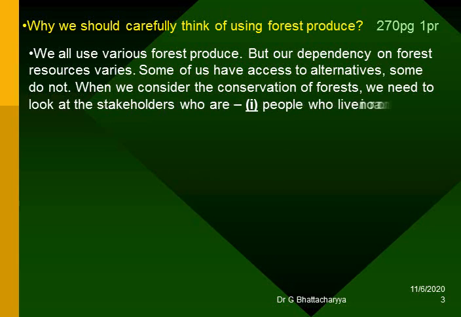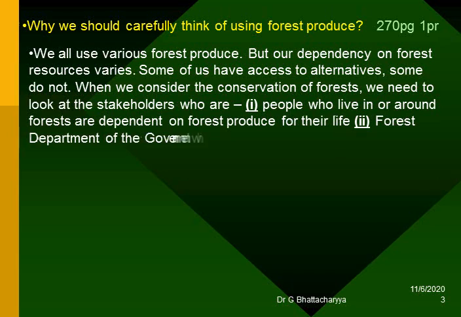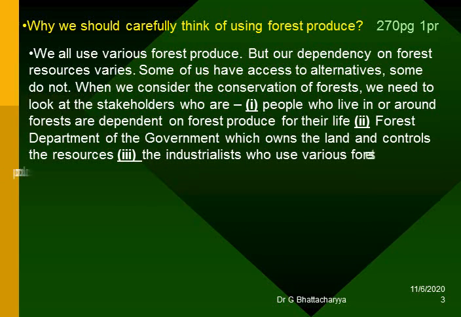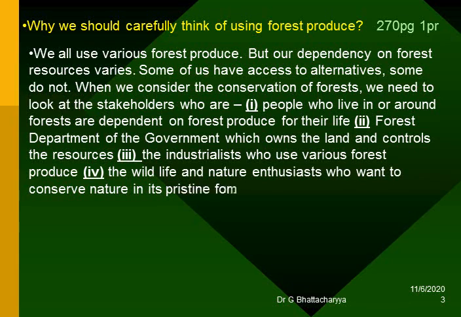Number 1, people who live in or around forests and are dependent on forest produce for their life. Number 2, the forest department of the government, which owns the land and controls the resources. Number 3, the industrialists who use various forest produce. Number 4, the wildlife and nature enthusiasts who want to conserve nature in its pristine form.